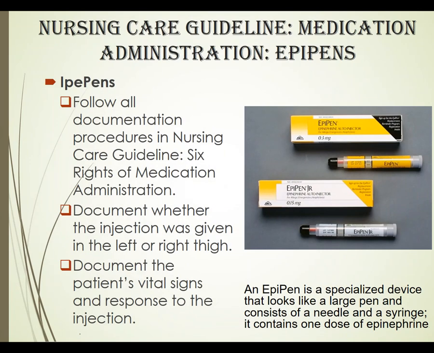So there are some special devices we call EpiPens. It's a special device that looks kind of like a large pen, and it consists of a needle and a syringe, and it contains 1 dose of epinephrine. These are typically used in emergency treatment of a very severe reaction or anaphylaxis caused by allergens, exercise, or unknown triggers, and for patients who are at increased risk for these reactions and people who are allergic to things such as bee stings.